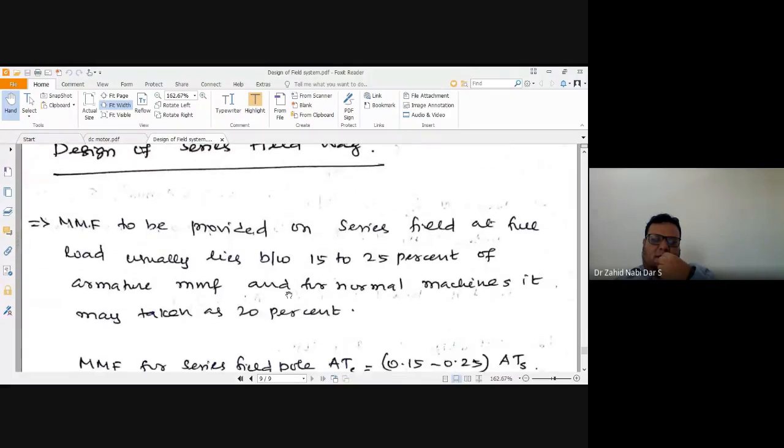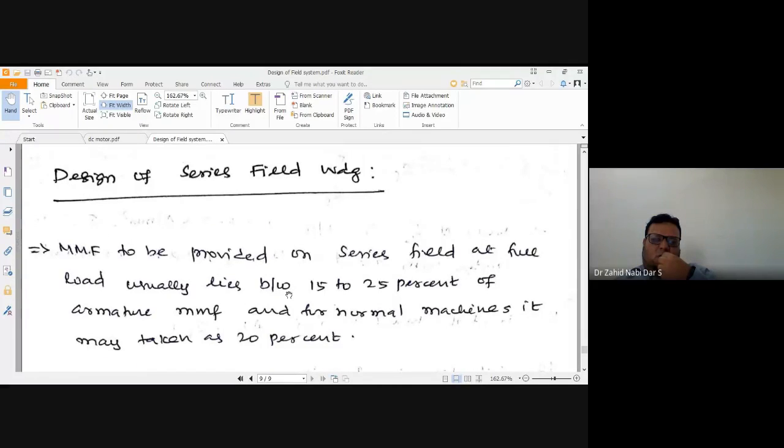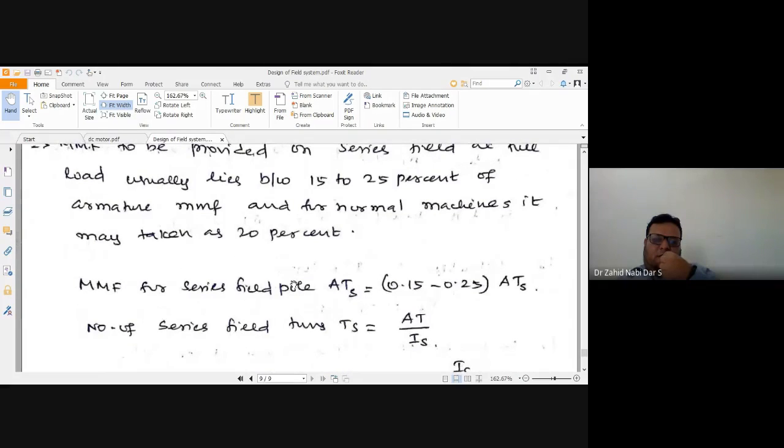Now what is the difference? This was for the shunt. Now in case of the series field winding, the mmf should be provided on the series field at full load. Usually it lies between 15 to 25% of armature mmf, and for a normal machine it may be taken as 20%. So the mmf for the series field is 15 to 25. There you saw it was 15 to 20.